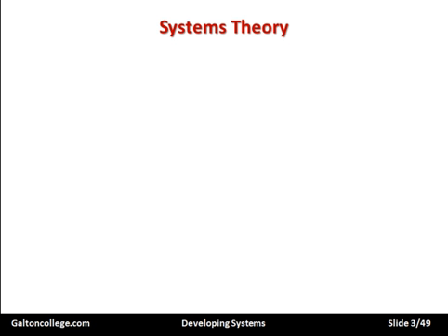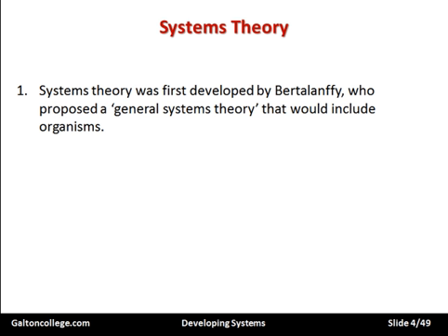Now let's move to look at some ideas about systems. For a start, system theory was developed by Bertalanffy, who proposed a general systems theory that would include organisms. So it's a very wide concept. This could include organic organisms.